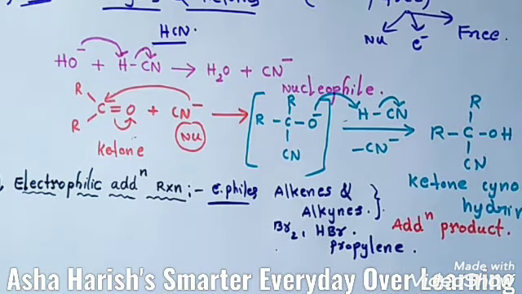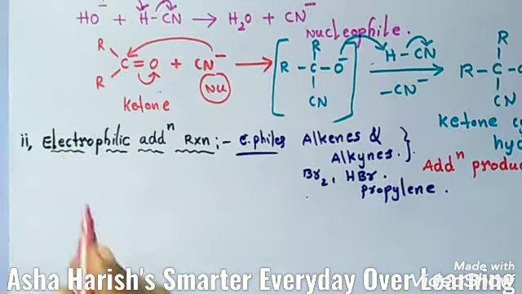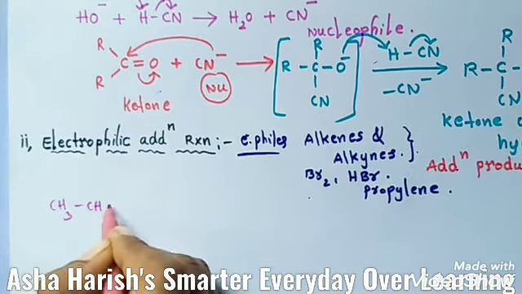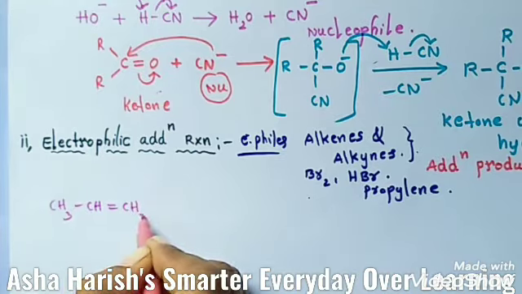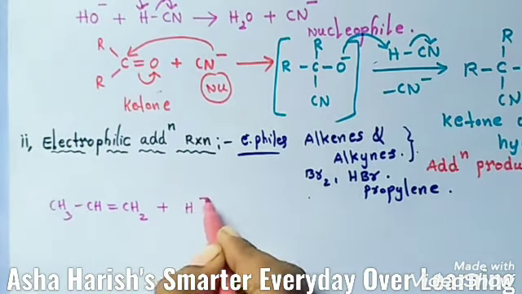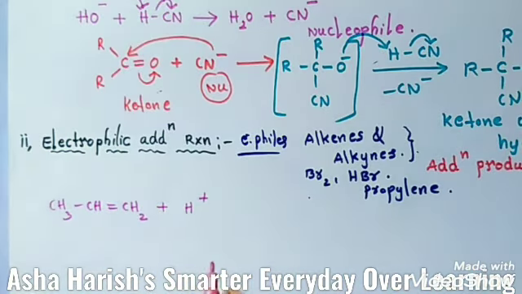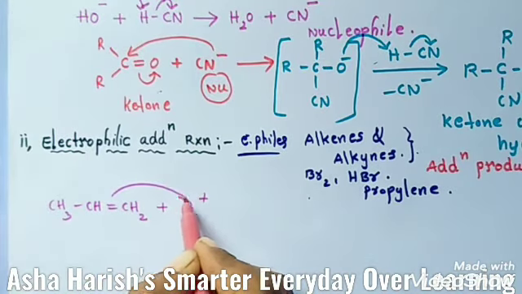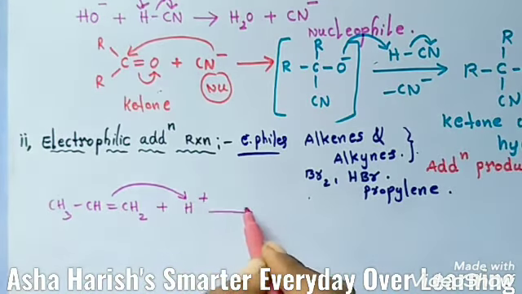Let's see now. Propylene means CH3 CH double bond CH2. To this, the H plus ion comes, and from the double bond the transfer of electrons happens towards the H plus ion.